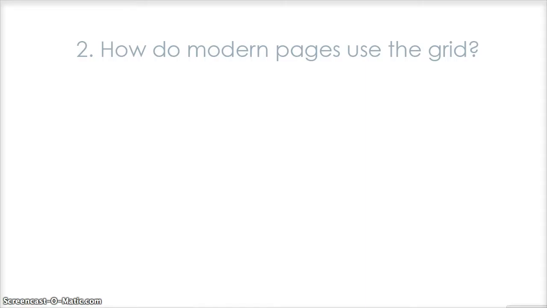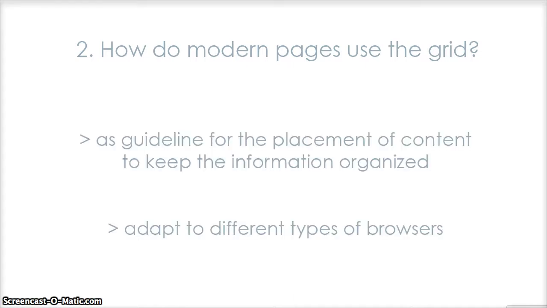Next is how modern pages use the grid. They use it as a guideline for the placement of content to keep the information organized. Again, it's just for organization and placement of the different items that are going to be on that website. And also, it adapts to different types of browsers.